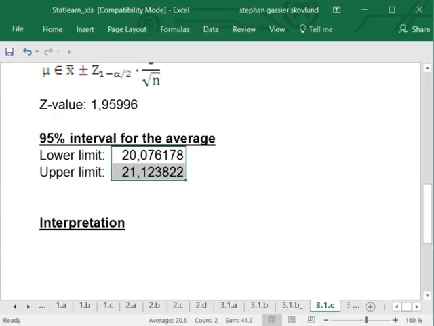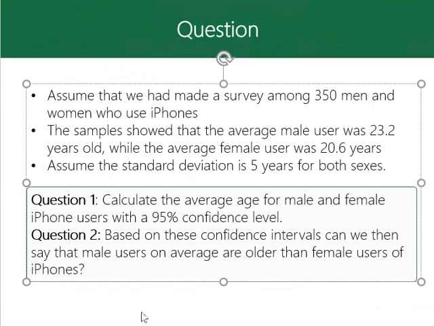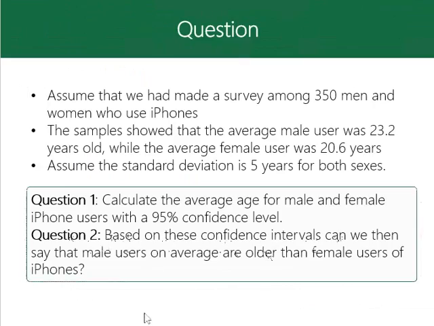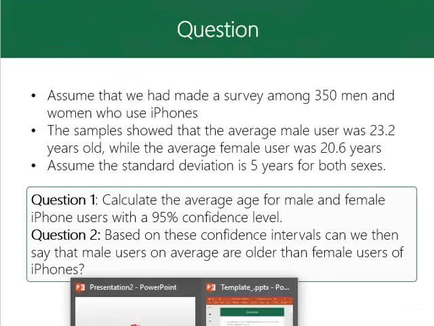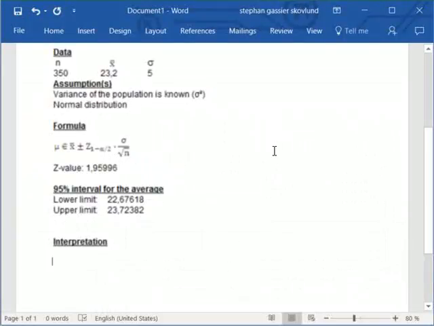And in question 2, we were asked if, based on these two confidence intervals, we can say that the male users on average are older than the female users. So if we compare, and I'm sure you have guessed how you would do it, but let's just see here. The lower limit for men is 22.7, right?